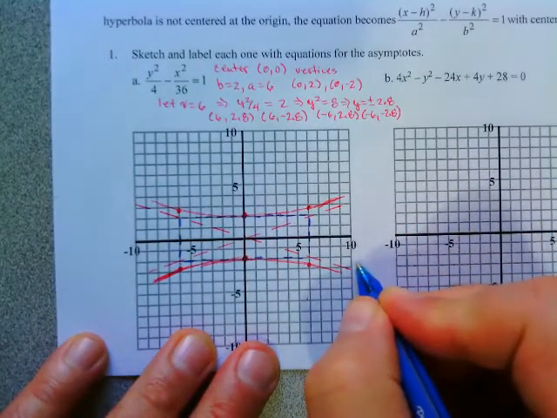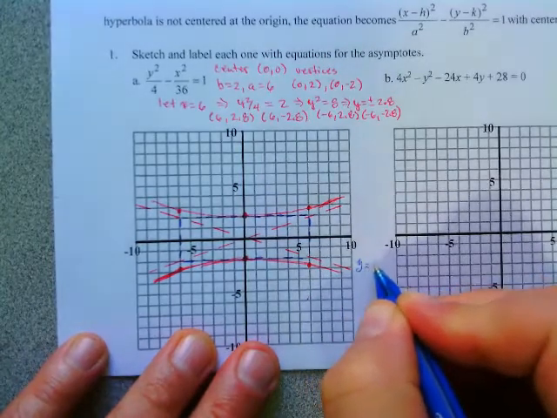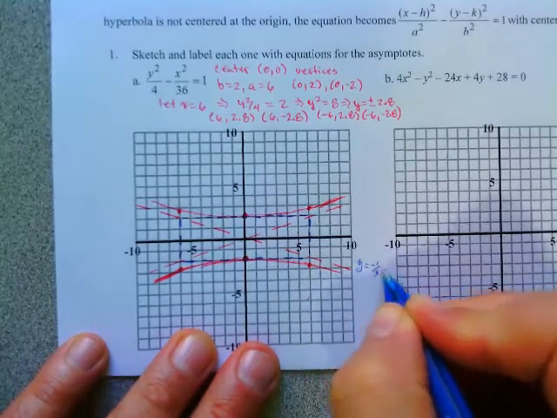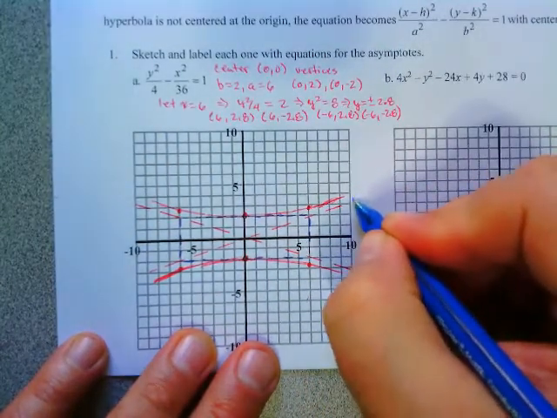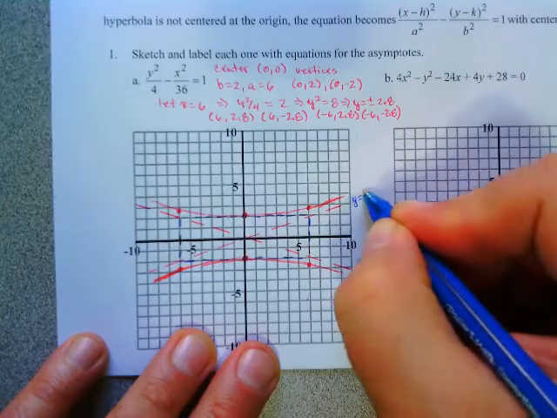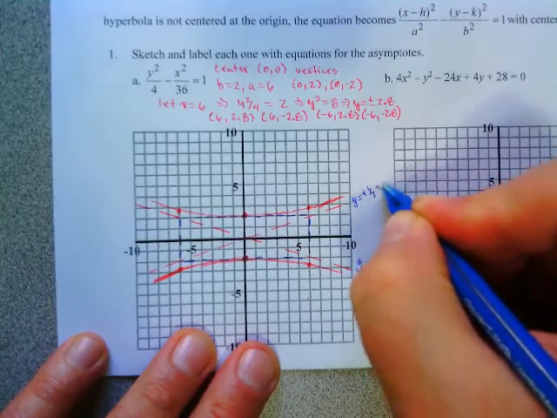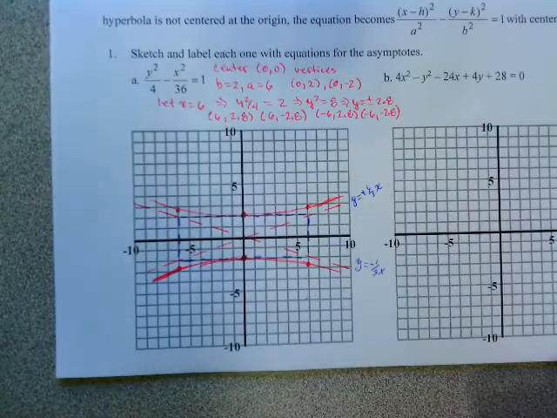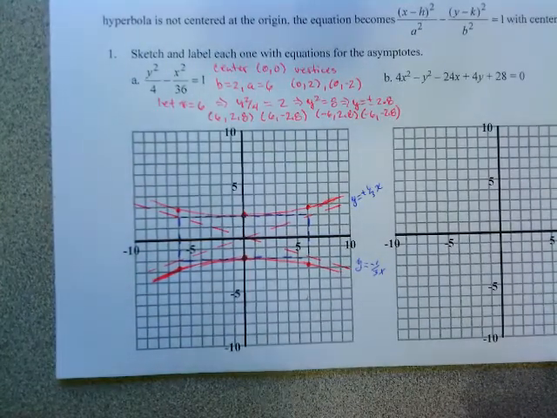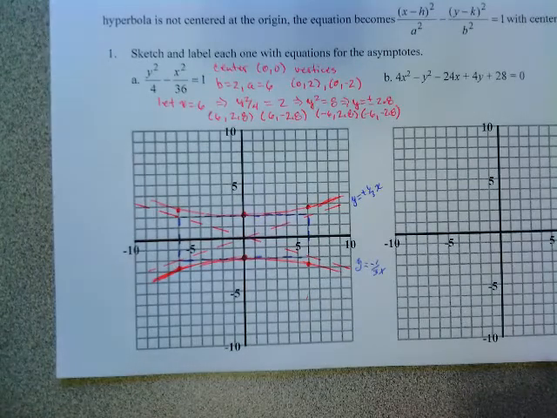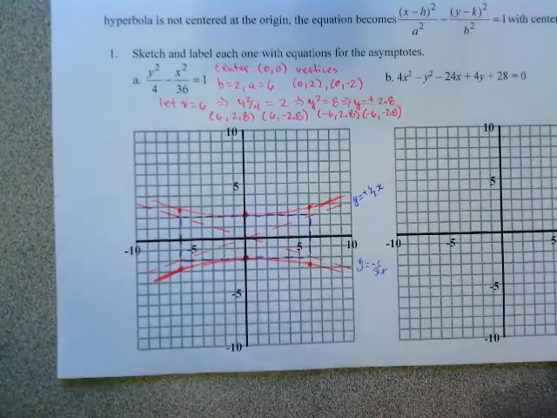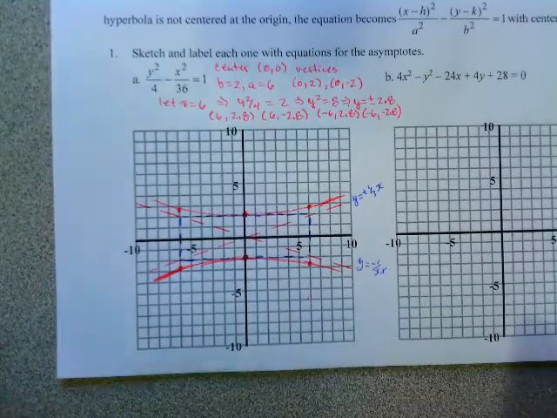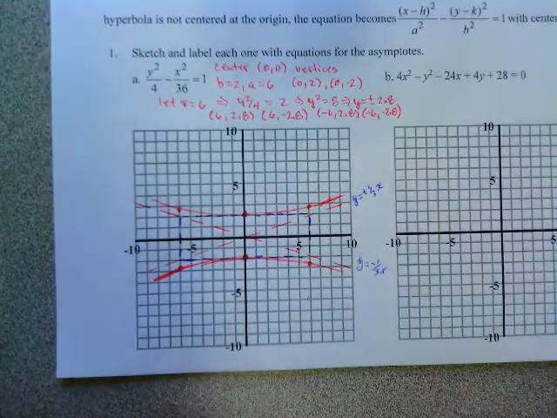So this one is y equals negative 1/3 x, and this one is y equals positive 1/3 x. Those are the asymptotes.